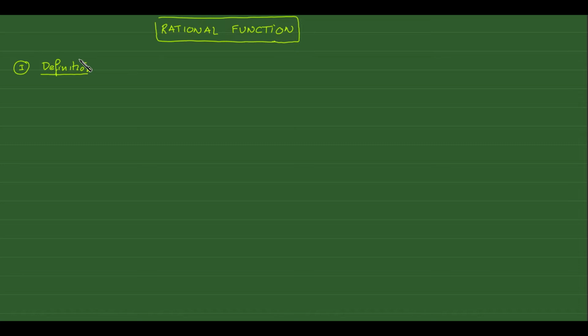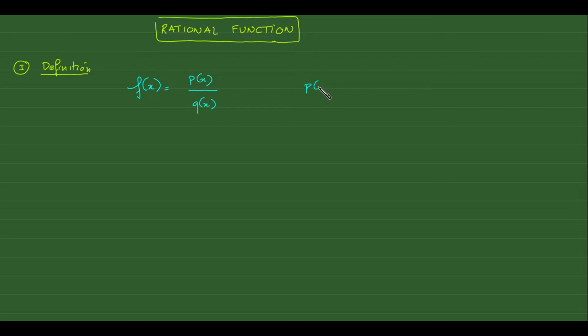Besides, the numerator and denominator are polynomial expressions. So the rational function could look like this: f of x equal to, on the top, a polynomial expression p of x, and on the bottom, q of x, which is another polynomial.